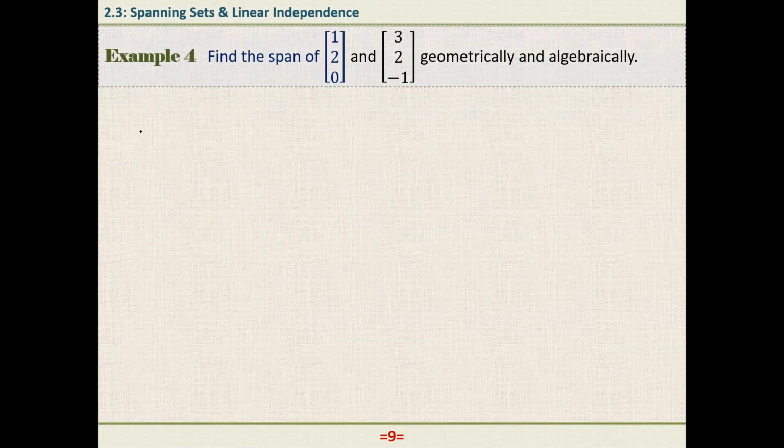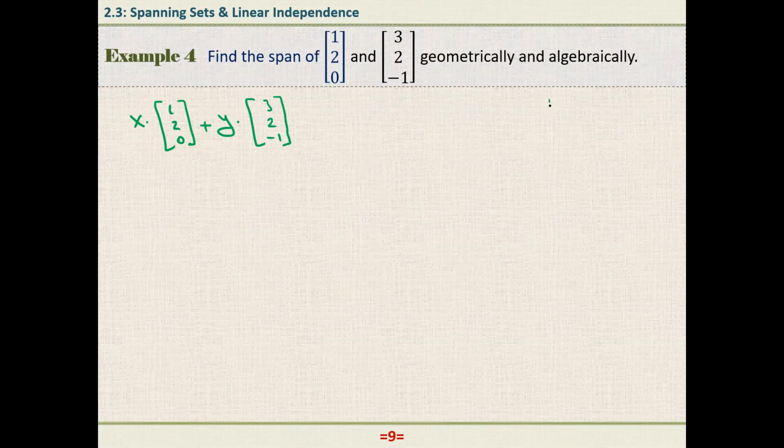The span of these two vectors: if I just write here x times 1, 2, 0 plus y times 3, 2, -1. If you just span all of these vectors, what does it give us? These two vectors are not parallel to each other, because we can see that a scalar multiple of this vector does not give us this vector.